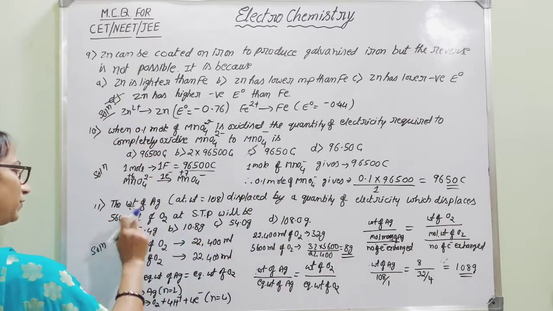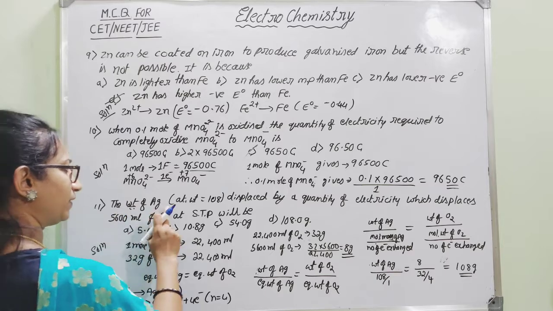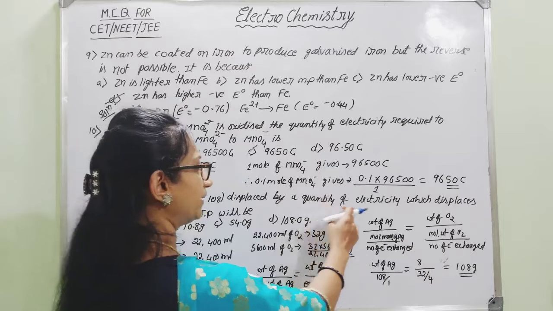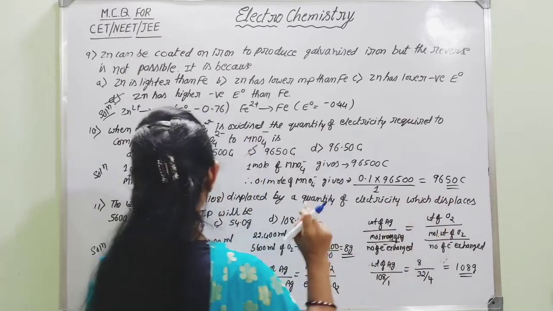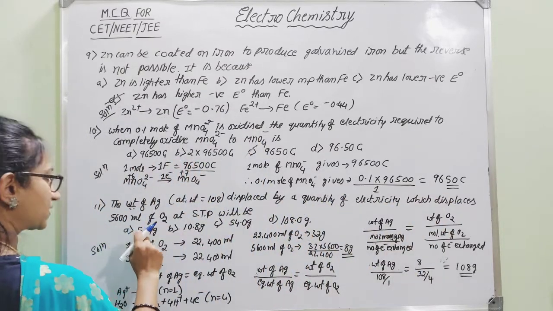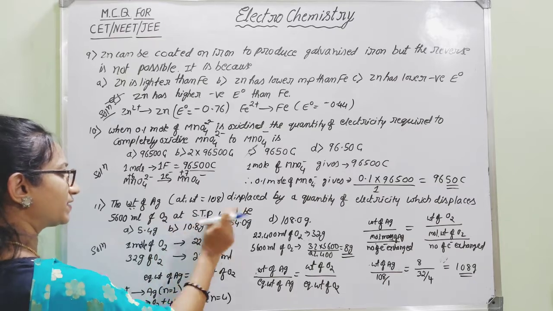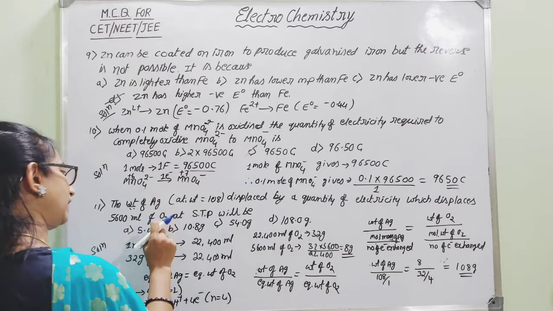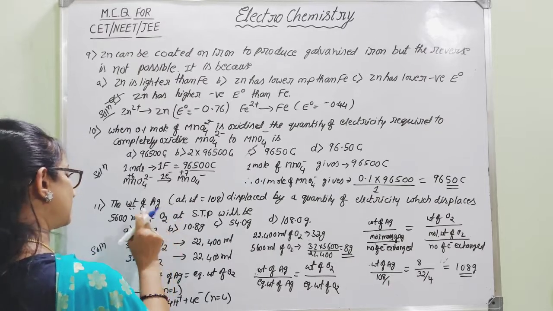Next question, 11th question. The weight of silver, atomic weight 108, displaced by the quantity of electricity which displaces 5600 ml of oxygen at STP will be. He is comparing two elements here, one is silver and the other is oxygen.